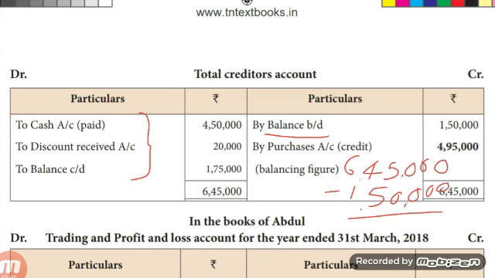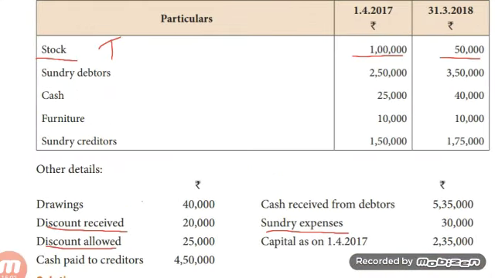Shall we do the account? See the question. Children, here in the question, opening stock and closing stock are given. Opening stock is for the debit side of the trading account and closing stock is for the credit side of the trading account.